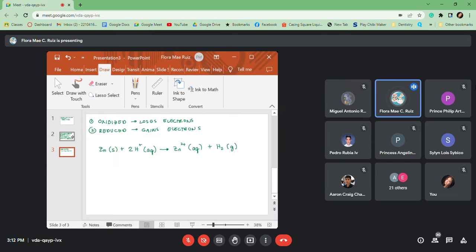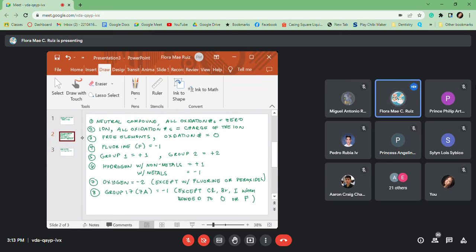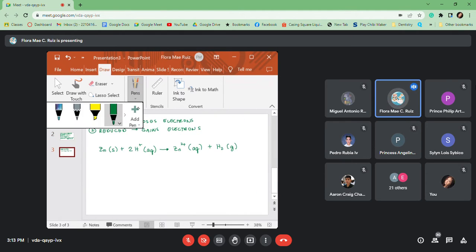Okay, so rule number 1, free elements, oxidation number should be equal to 0. So your zinc has an oxidation number of 0. Your hydrogen has an oxidation number of plus 1. And now here, your zinc oxidation number becomes 2 because of this charge. And H2 is now 0, there is no charge there.